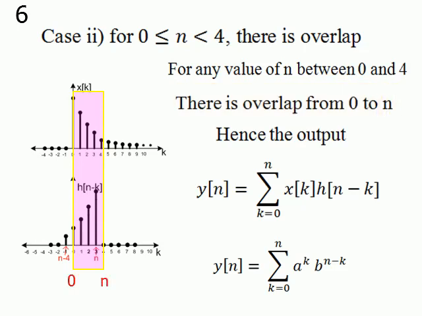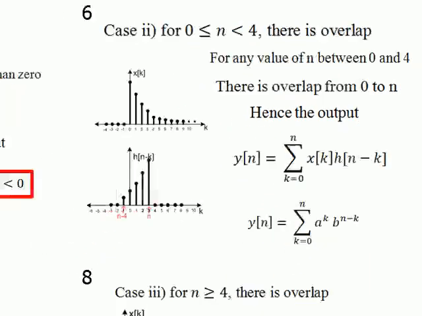Hence, the limits in the convolution sum change as y of n is equal to summation of x of k into h of n minus k, where k is from 0 to n, same as the overlap. We substitute x of k as a raised to k and h of n minus k as b raised to n minus k. We get y of n is equal to summation of a raised to k into b raised to n minus k for k 0 to n.